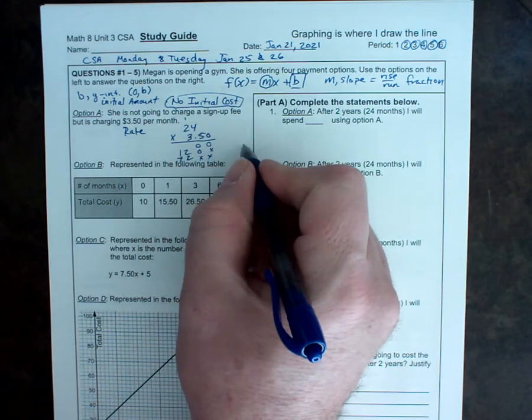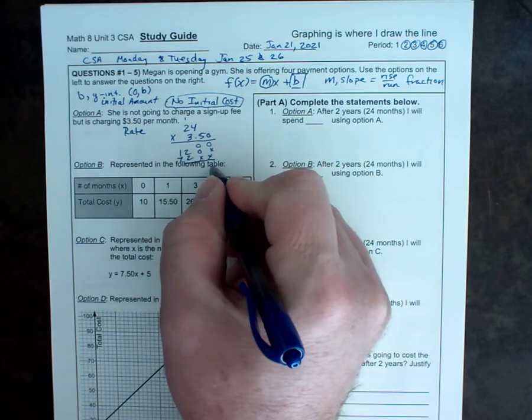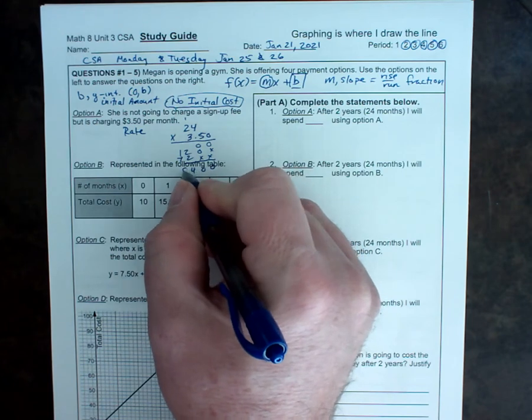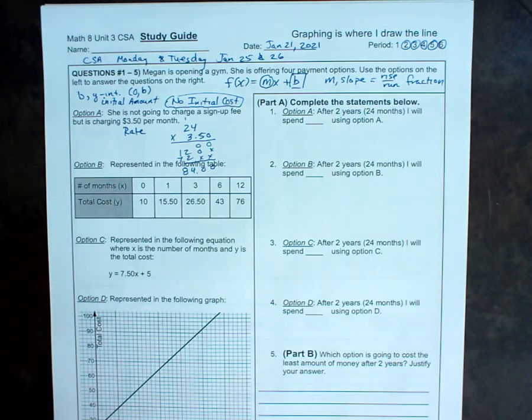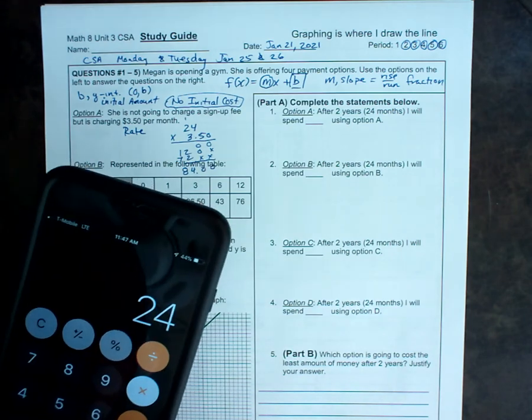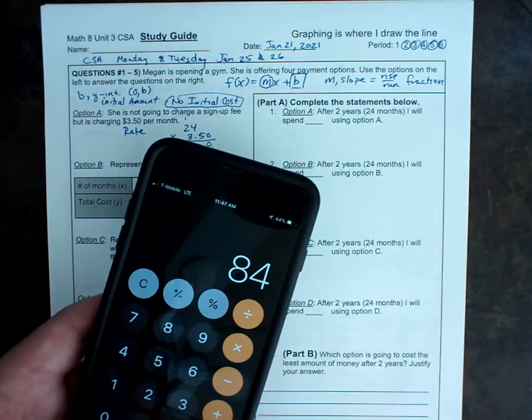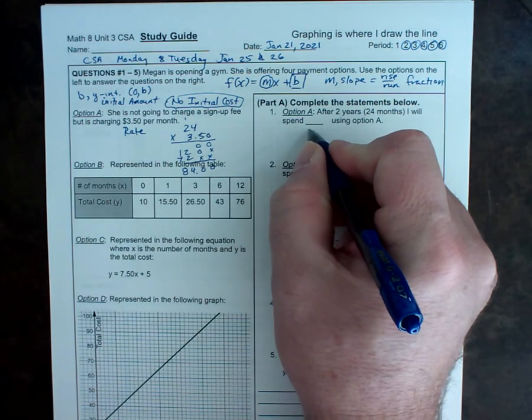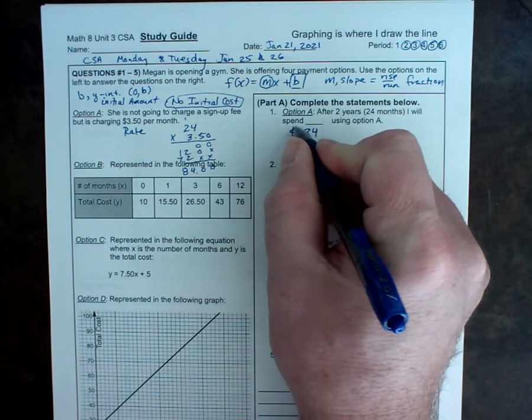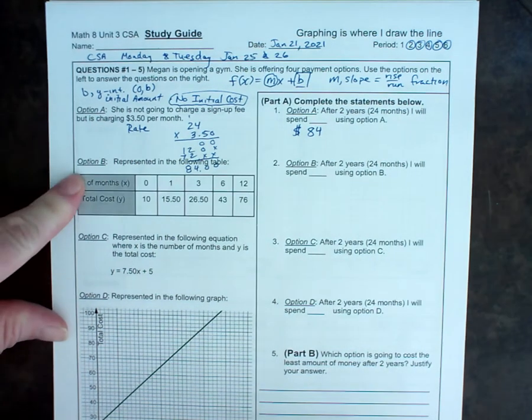Looks like if I add that all up, I get 084. It should be $84. So if I use my calculator, and I'm verifying 24 times 3.5, yes, $84. So that will be $84. Let's go to the second one.